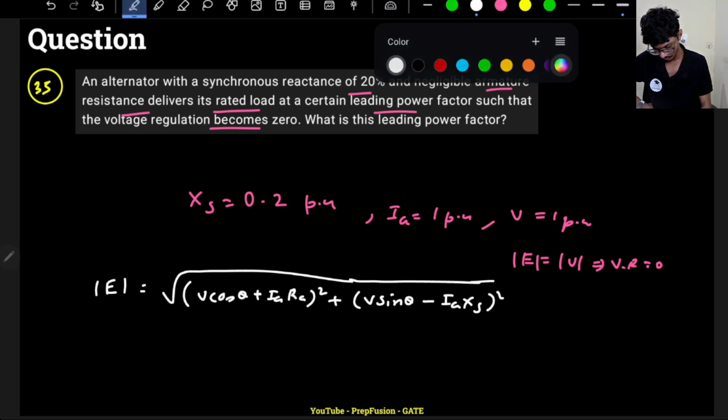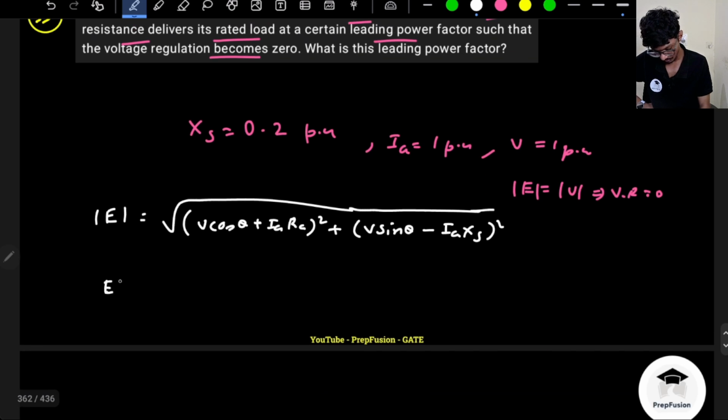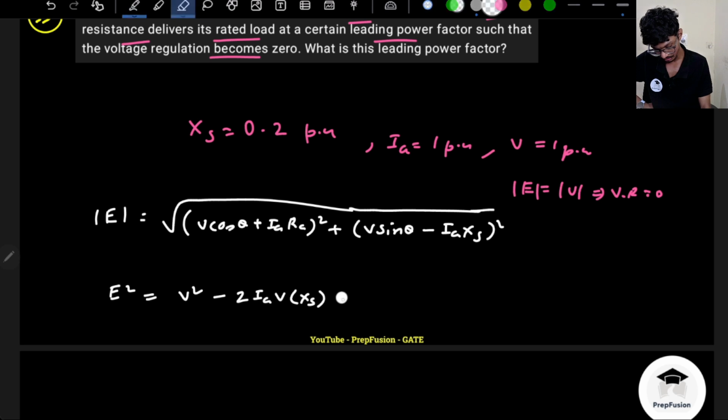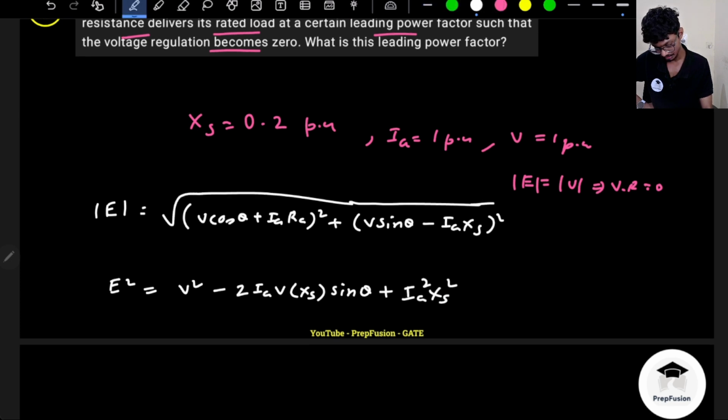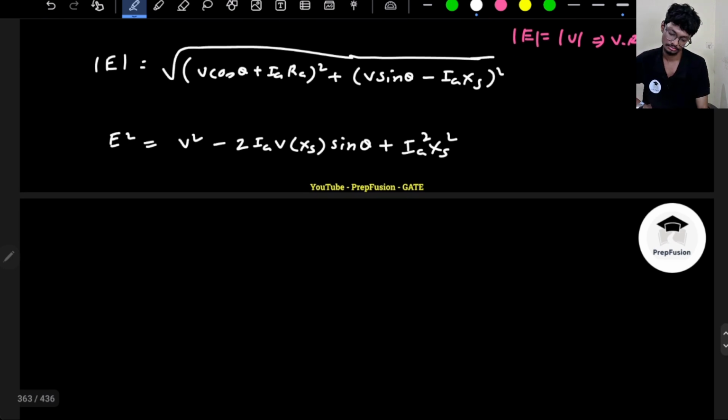So this E², which is 1 only, equals V² minus 2 Ia V Xs sin θ plus Ia² Xs².